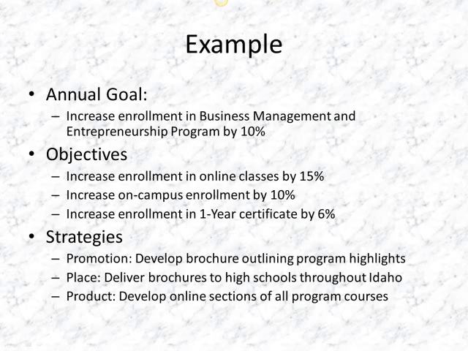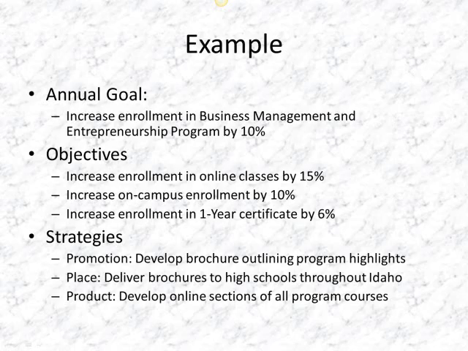So what are the strategies that I'm going to do to reach my objectives? So to increase enrollment in online classes, I developed a brochure outlining program highlights. The place, deliver brochures to high school, and that's how I'm marketing or where I'm marketing. Product, develop online sections of all program courses.